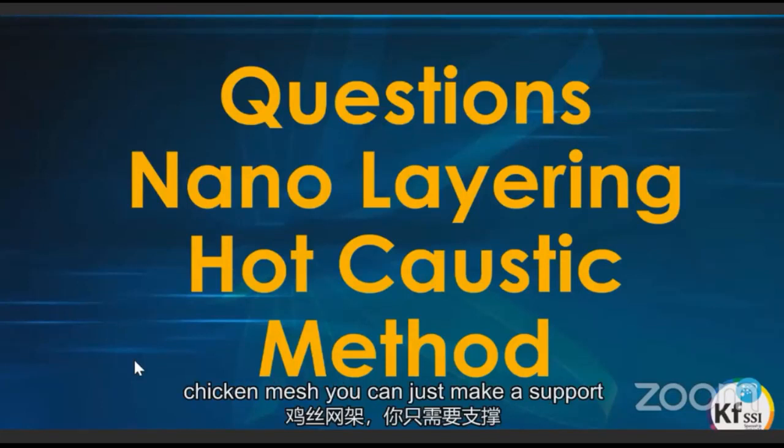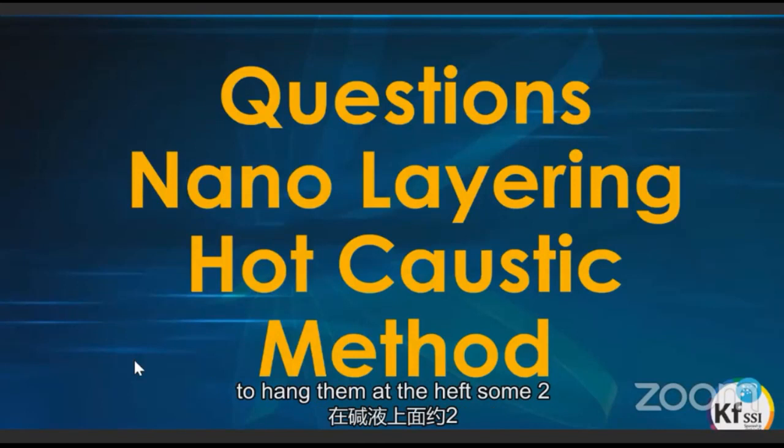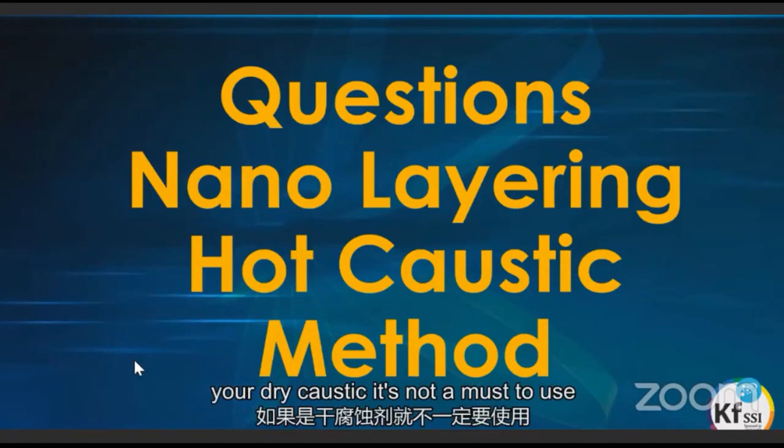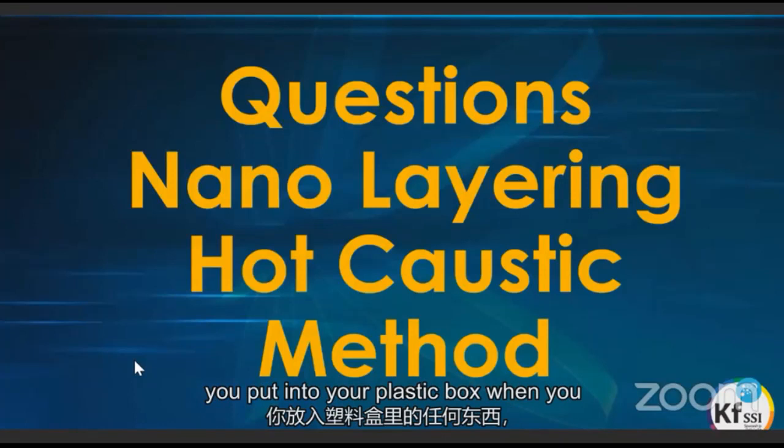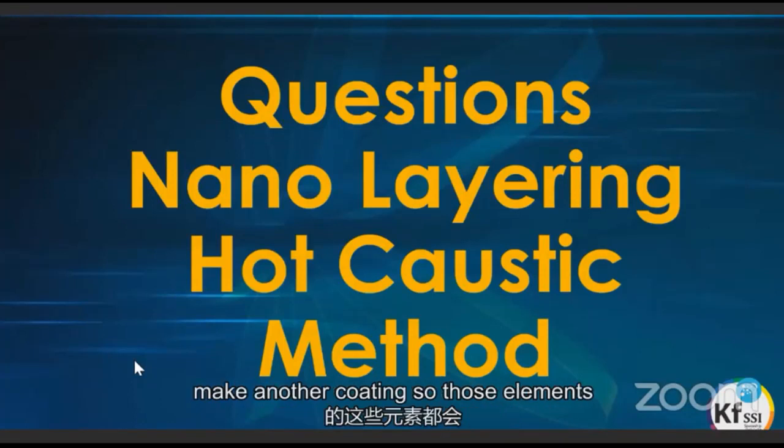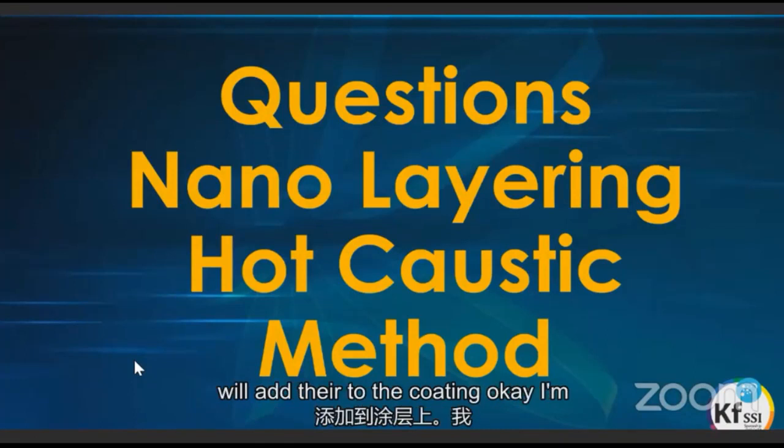Instead of using a chicken mesh, you can just make a support to hang them at a height some 2 centimeters higher than the level of your dry caustic. It's not a must to use the chicken mesh. So remember, whatever you put into the plastic box when you make the nano coating, those elements will add to the coating.